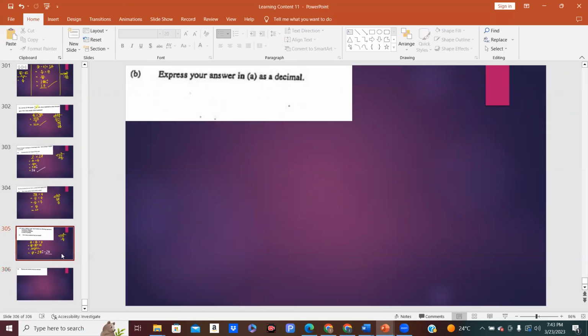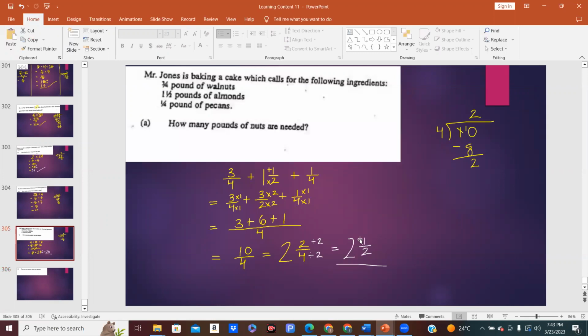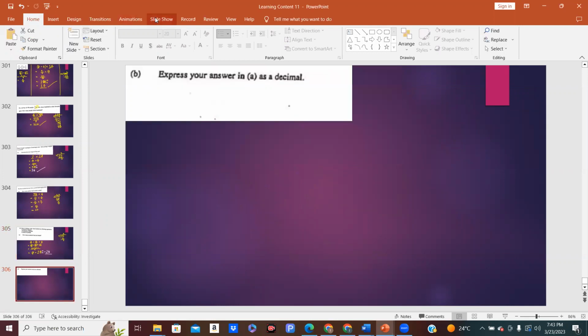To express your answer in part A as a decimal, so we have 2.5. And we need to express it as a decimal, so that's very simple. So we have 2.5. And we need to express that as a decimal.